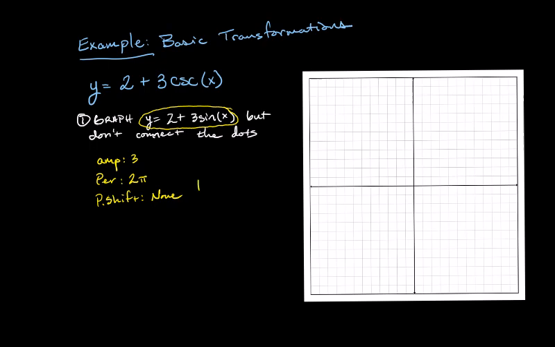So since there's no phase shift and the period's 2 pi, we're going to start at 0, end at 2 pi, and we can multiply our period by 1/4, and that will tell us what our notches are going to go by. So they're going to go by halves: pi halves, pi, 3 pi halves. So that's the basic x-axis. And then last one, vertical shift is up 2.